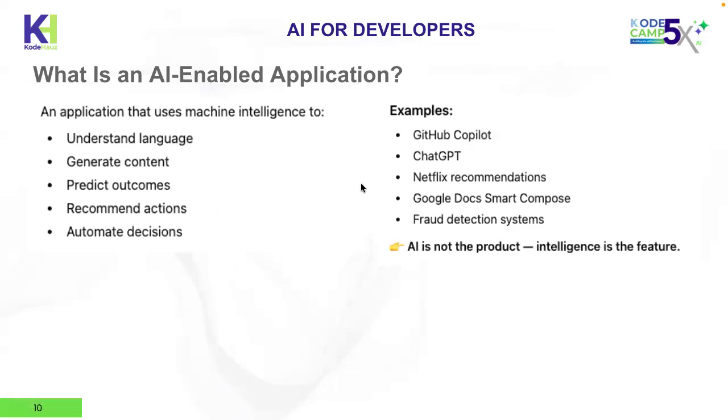Right. So examples of this, what we typically have in tech today: GitHub Copilot is a good example. GitHub Copilot now has the capability of running, fixing your code, in fact changing entire code bases, writing new functionalities, new features, and so on.